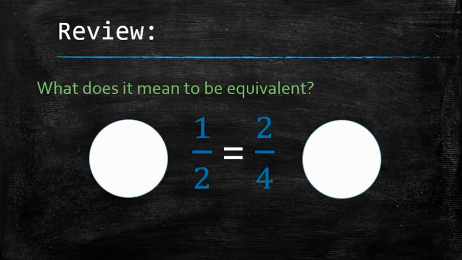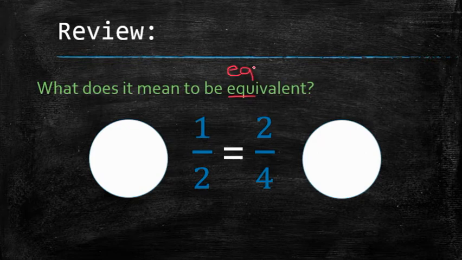So let's talk about what it means to be equivalent, and that's that word right there. Well, equivalent, that sounds a little bit like a word that we already know. If you look here, in fact, at these 3 letters here, that looks very familiar.